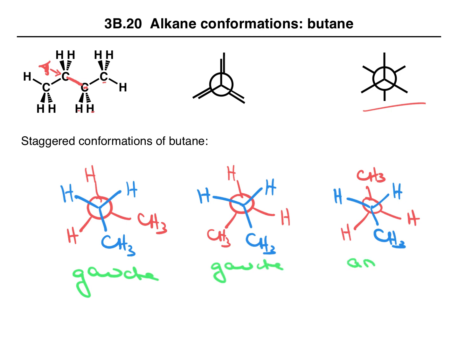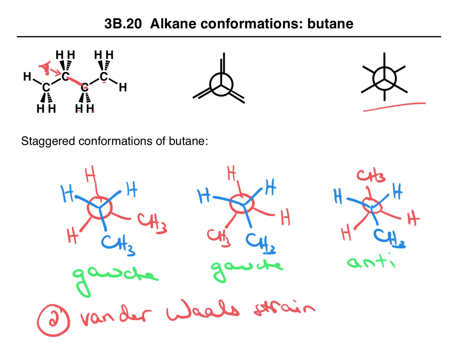And then this one is anti. And here we introduce our second type of steric strain, and this is called van der Waals strain, which we can think of as steric hindrance.